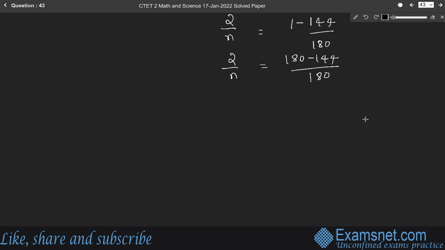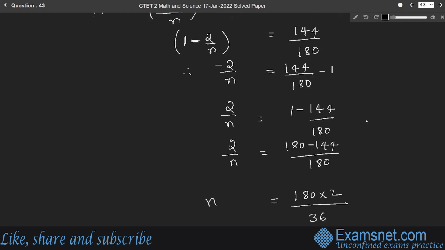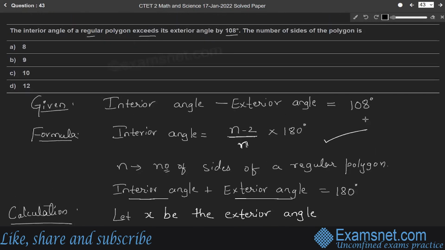Therefore, n is equal to 180 into 2 divided by (180 minus 144), which is 36. Therefore, n is equal to 10. So, the number of sides of the polygon is 10.